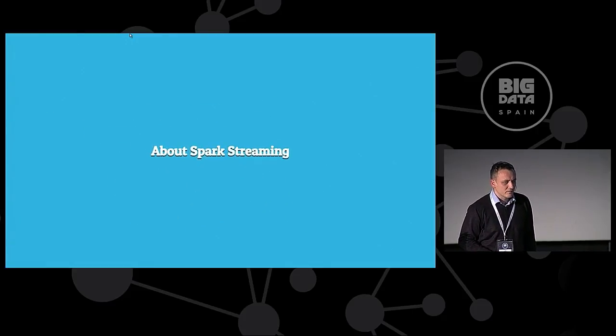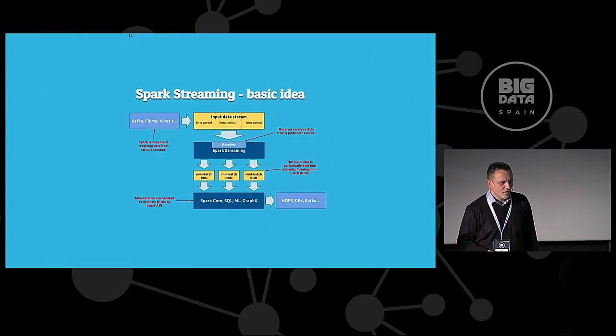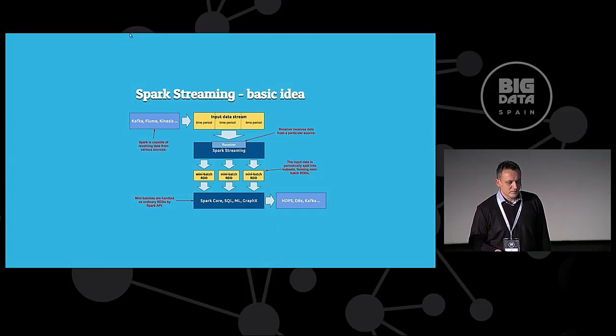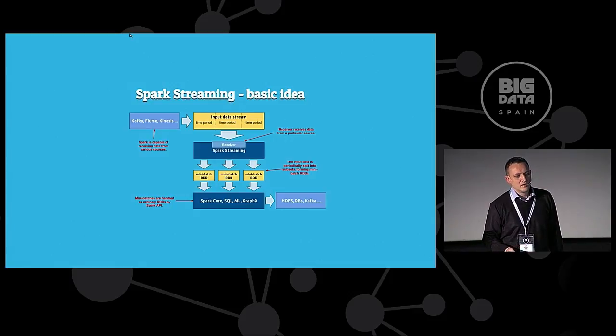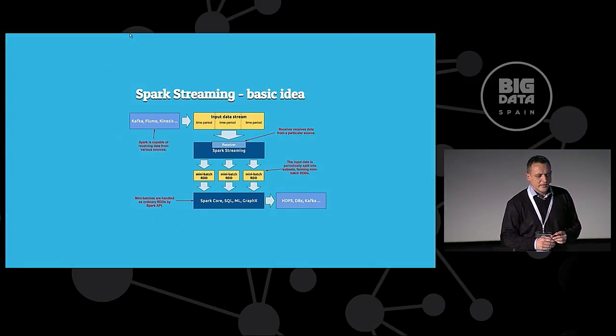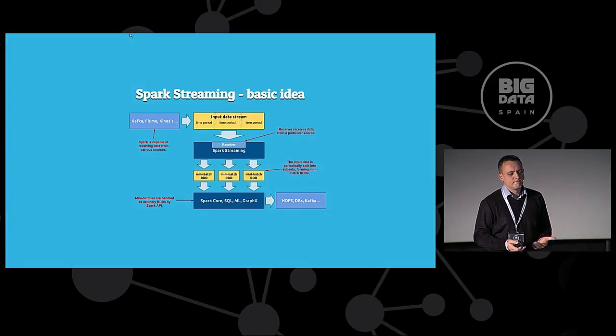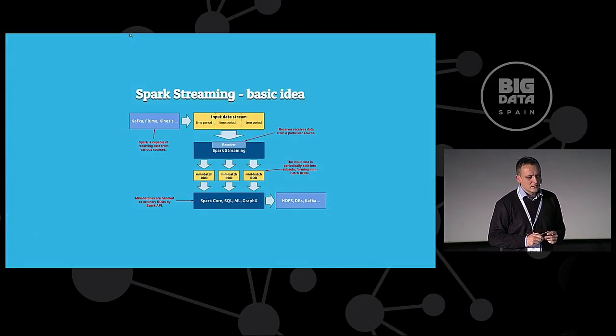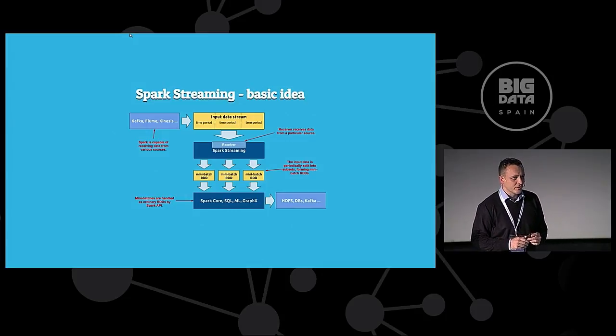So about Spark Streaming. The basic idea is that you have some kind of input coming from, let's say, Kafka or Flume or Amazon Kinesis or flat files or TCP/IP connections, whatever, and it enters into the input data stream, and it's shown as split in 3 mini batches.